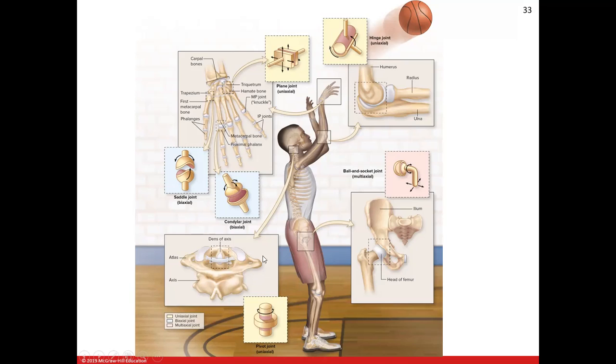These are the top two vertebrae of your neck, and this allows for roughly 70 to 80% of the rotation of your cervical spine. And then you'll see here our ball and socket joint, which is essentially the head of the humerus, or the head of the femur in one location as it fits into the socket, or we also have the location up in the shoulder with the head of the humerus into that scapula bone.